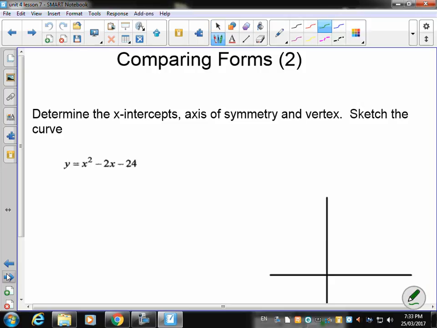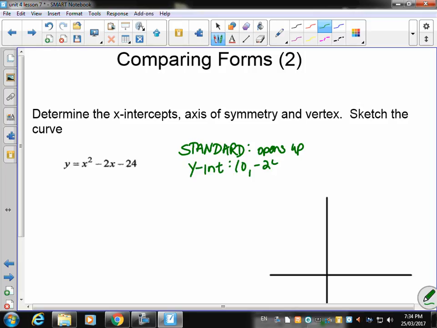Our best choice is always to try and factor, because we can always complete the square, we just might cry. Right now it's in standard form. What do we know from standard form? We know it opens up, has a normal step pattern, and the y-intercept is -24.